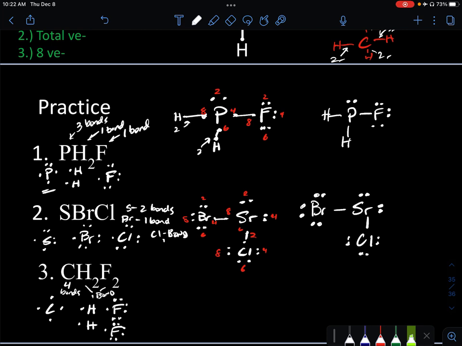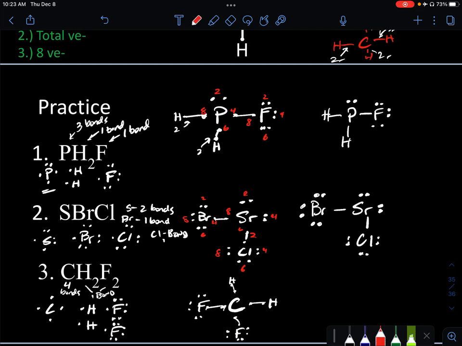That means the C goes in the middle. 1, 2, 3, 4. H's can go on a side. F, I'm going to put over here. Notice how I moved those 7 around a little bit so that the 1 was nicely aligned for me. Boom, boom, boom, and boom.